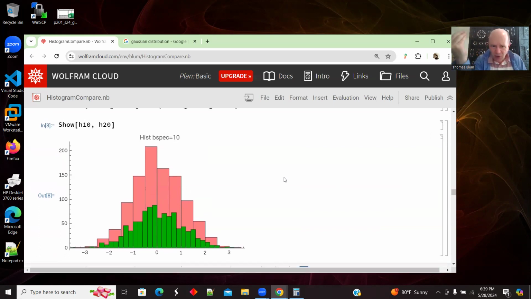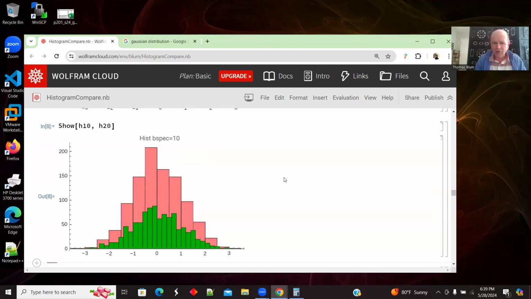Well, if the bins are smaller, it's going to be less often that you fall into that bin. And so the green heights are shorter than these pink heights. That makes sense. Okay.